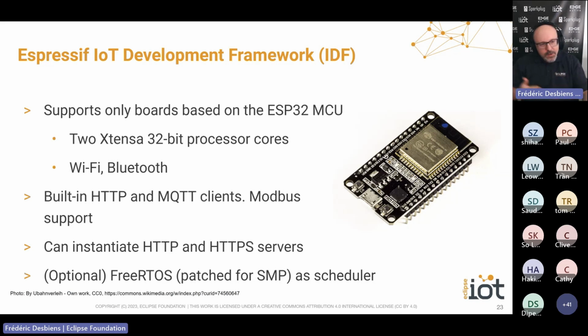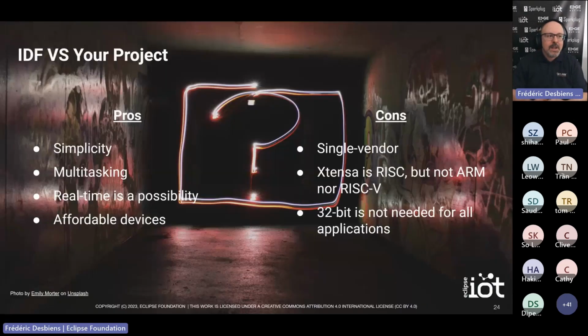And you can use, if you want, a special version patch for symmetrical multiprocessing of the FreeRTOS scheduler. So in the case of IDF, the advantages are certainly the simplicity, the multitasking support, real-time is a possibility if you use the FreeRTOS kernel, and the devices are quite affordable.